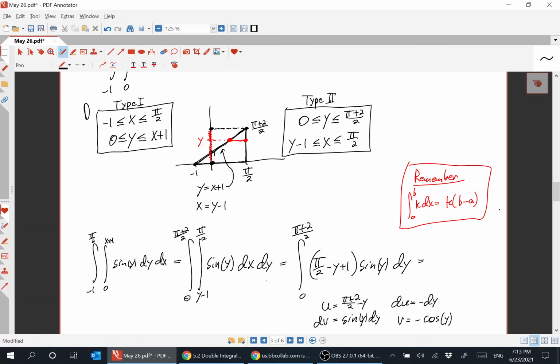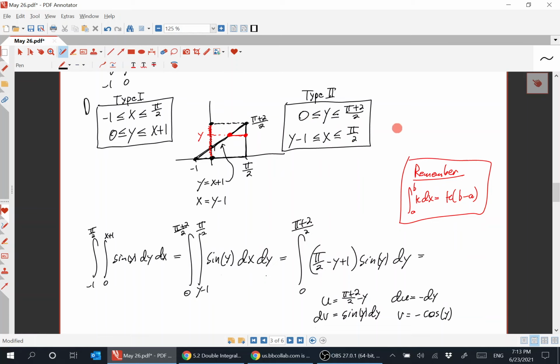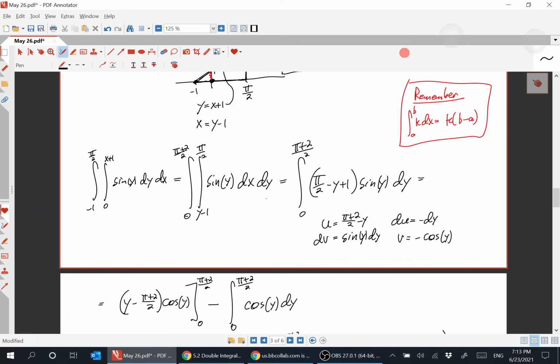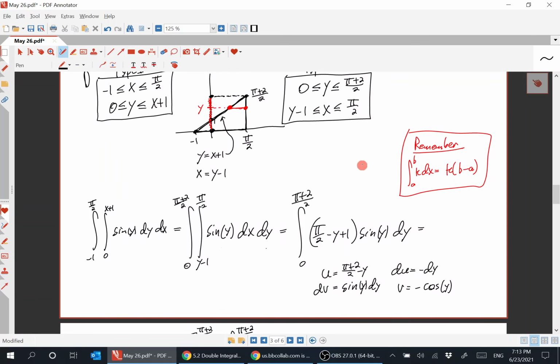So y minus 1 is less than x less than pi over 2, and x goes from minus 1 to pi over 2. This is y equals x plus 1, so x equals y minus 1. So y minus 1 is less than x less than pi over 2, and 0 is less than y less than pi plus 2 over 2. So y minus 1 to pi over 2, 0 to pi plus 2 over 2. So the antiderivative of sine y, and the difference.